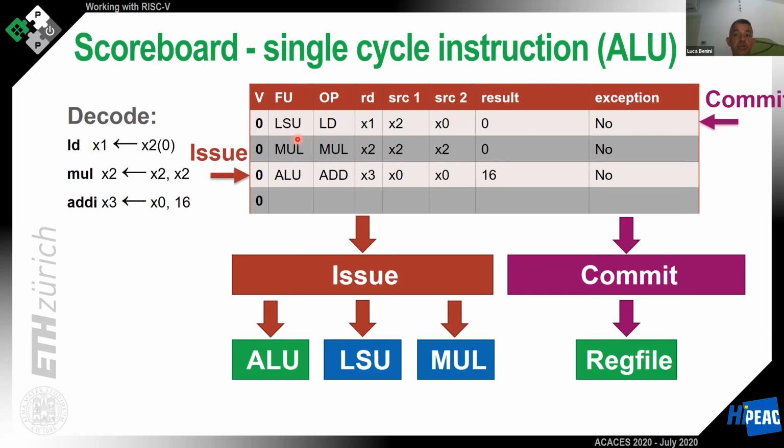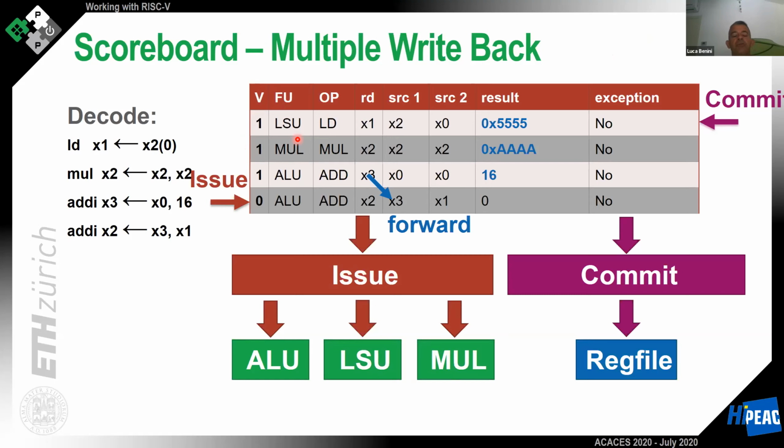Even though this is a single issue machine, so in each cycle a single instruction enters the scoreboard, the extension to a dual issue machine is relatively easy because of this capability of managing multiple instructions in execution.